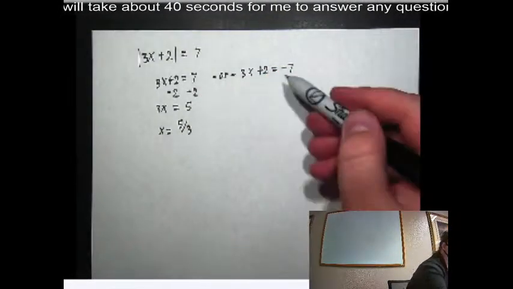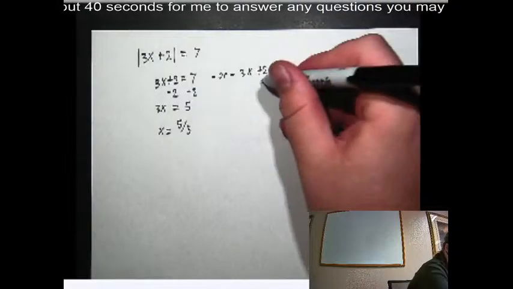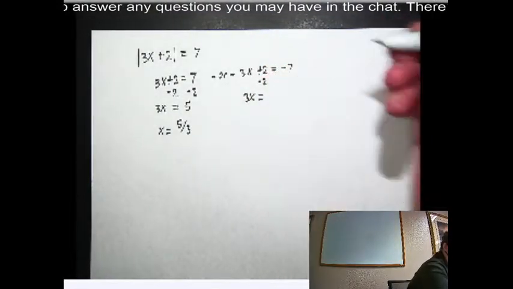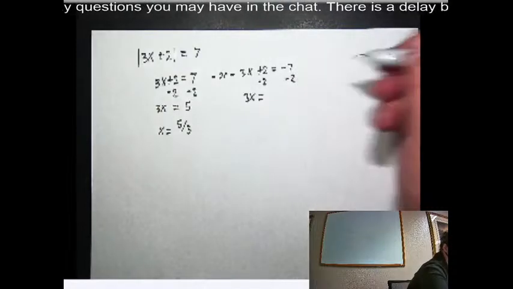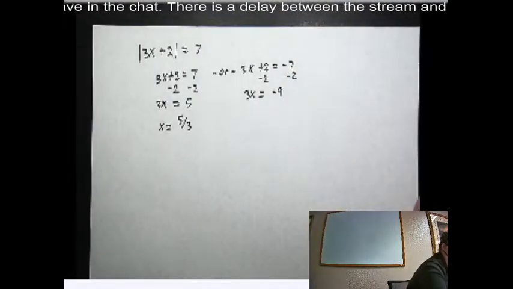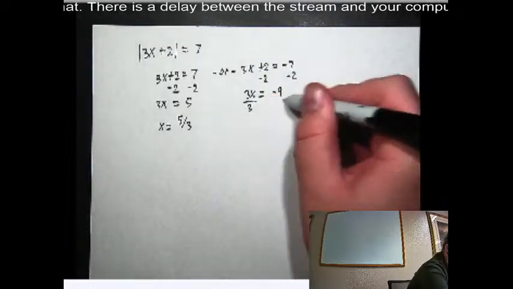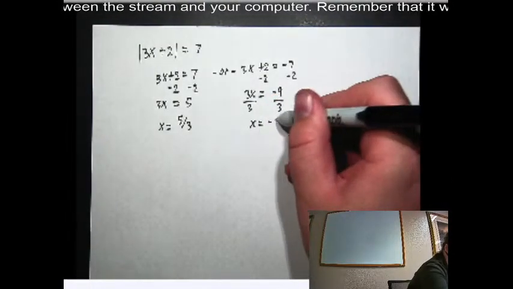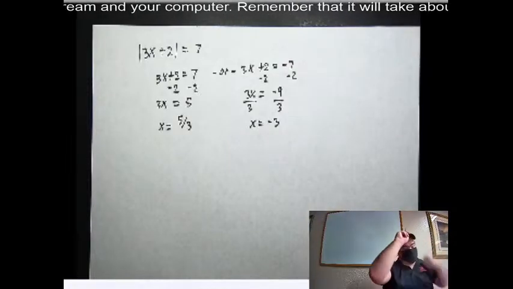Same thing on this side. So -2. That gives us 3x equals what? Negative 9. Okay, divide by 3. We have x equals what? Negative 3. Good.